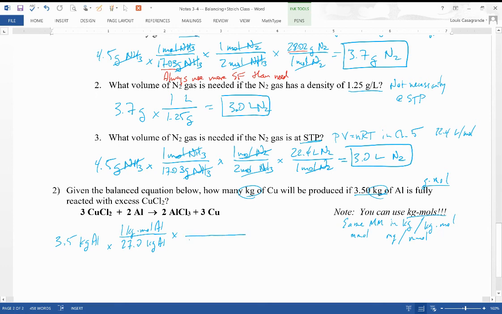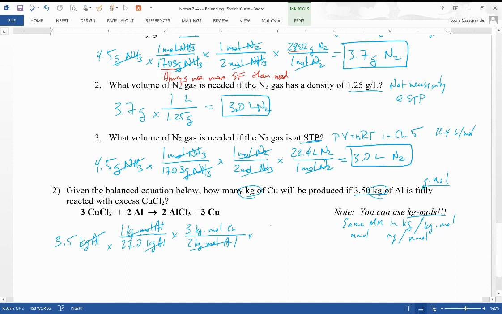I'm going to divide by the 2 kilogram moles of aluminum, and I'm going to multiply by 3 kilogram moles of copper. And we do some canceling here. Kilogram moles of aluminum cancel out.